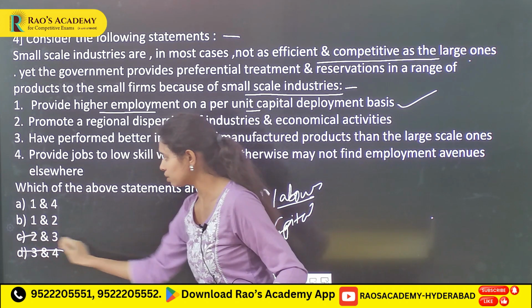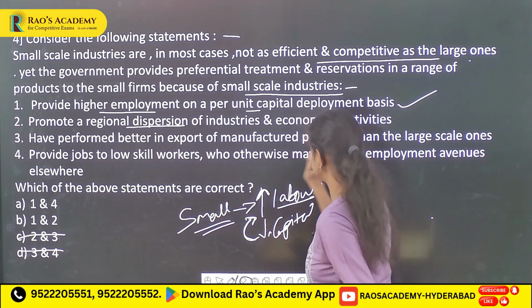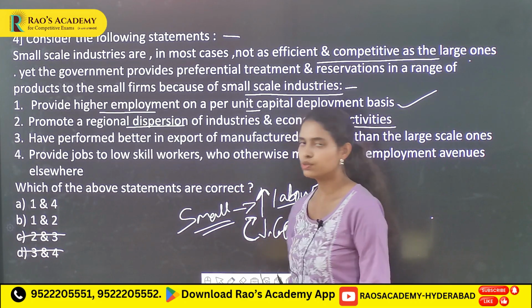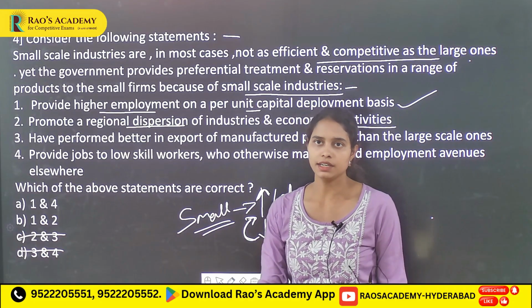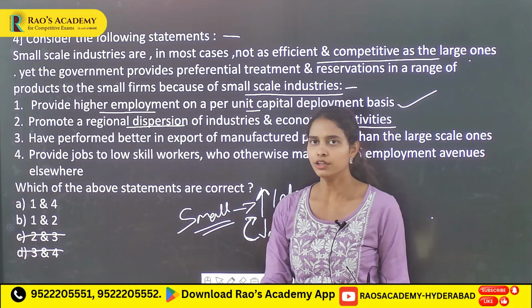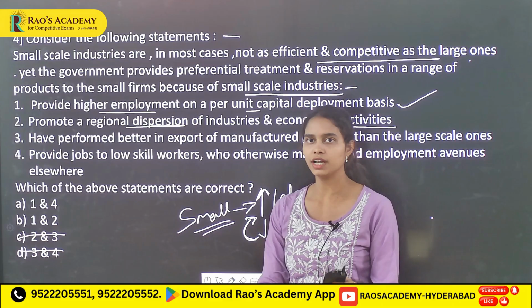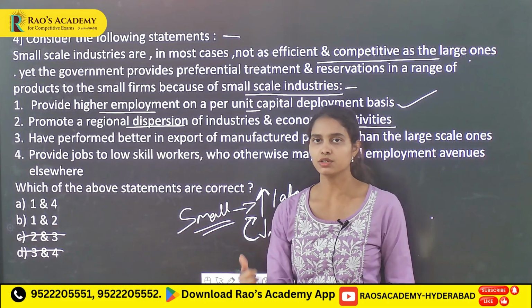Let's tick these two. Then followed by, it promotes a regional dispersion of industries and economic activities. What does this actually refer to? Usually the large scale industries, which include the Tata steel industry or any chemical or fertilizer industries, are huge industries and they do not disperse or decentralize into remote or rural areas.